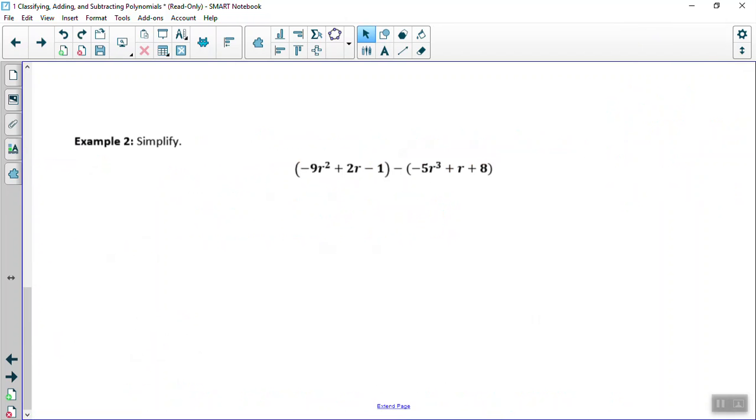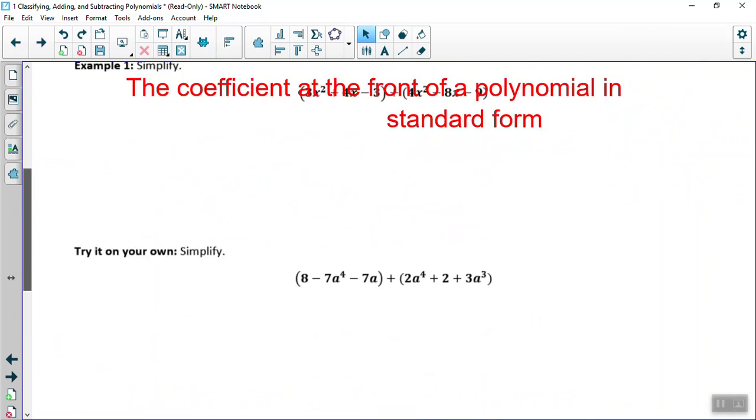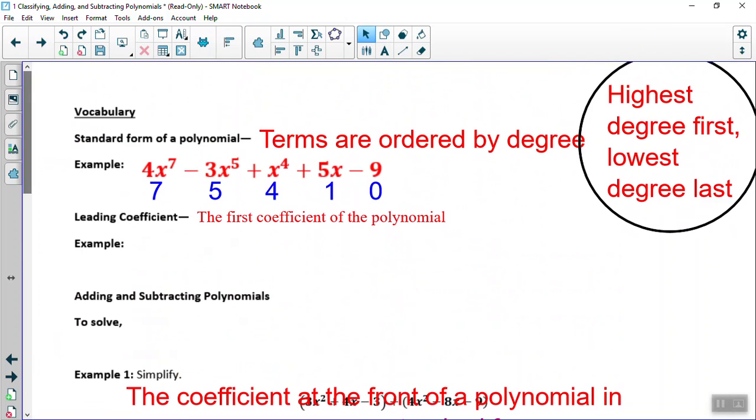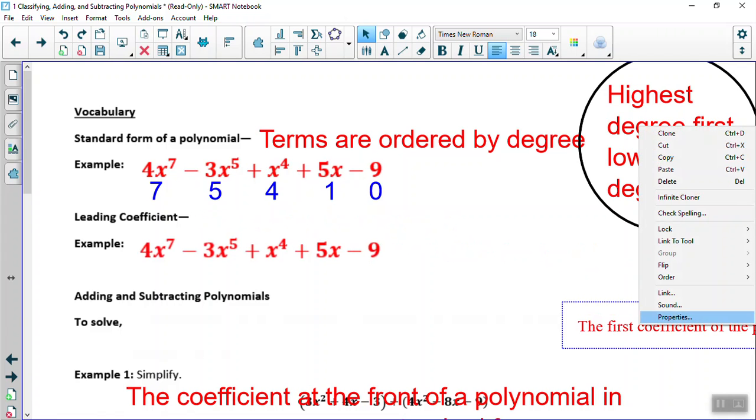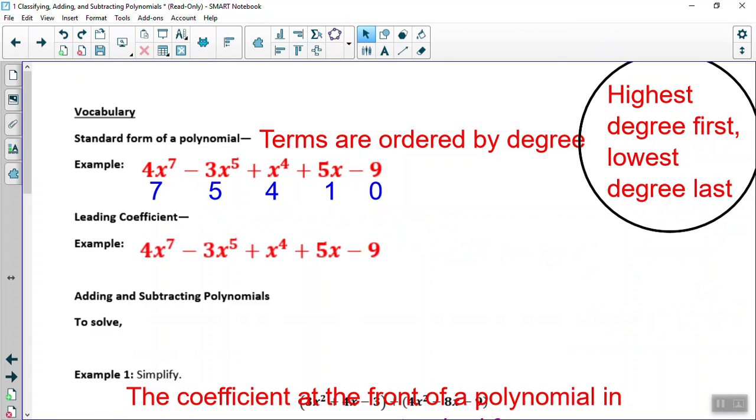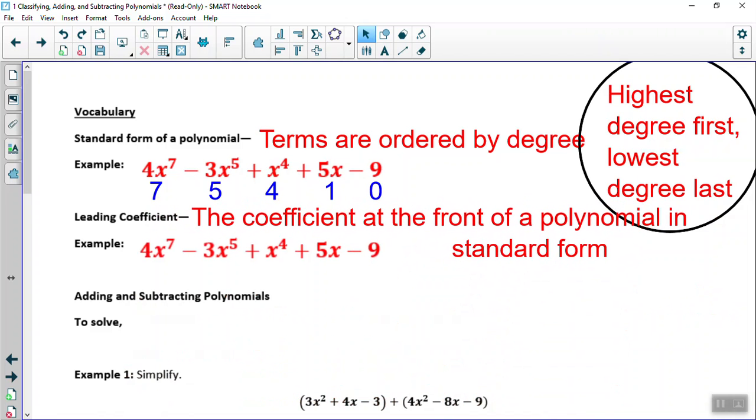So an example of that. The coefficient at the front of a polynomial in standard form. All right, so here's an example. So when this is in the proper order, from my biggest exponent down to my smallest exponent, my leading coefficient is 4. And so that's the only thing we would look at.